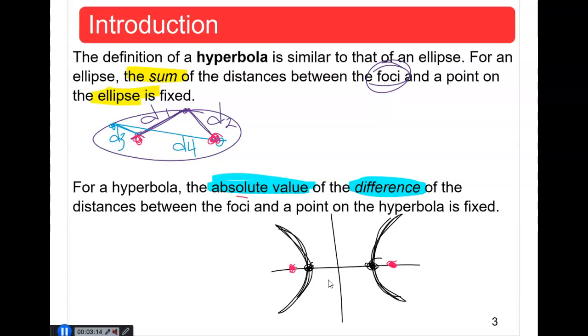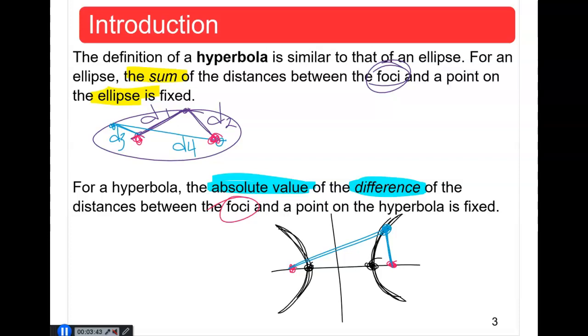And if we were to pick a point on the hyperbola, so it will be on the branches, and we calculate the distance from that point to the focus on the left, and then from that point to the focus on the right, and if we subtract those two, we will get a constant number that will match.